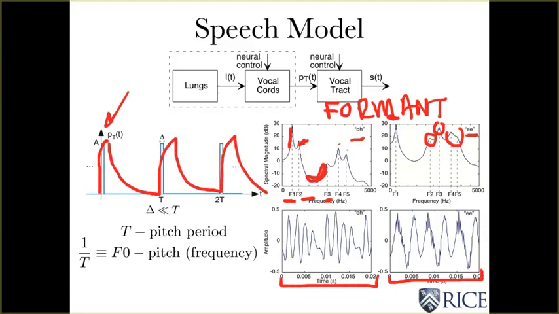And so we should expect something similar here. We have the same pulse sequence going into a linear filter. It's a bit more complicated than a simple RC low pass, but again we should see a periodic output.